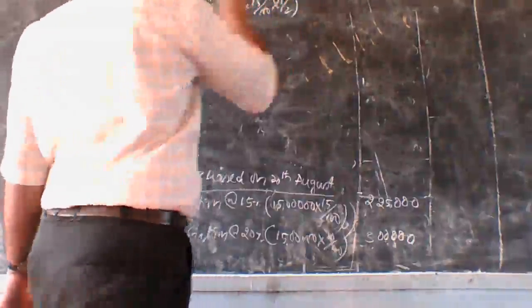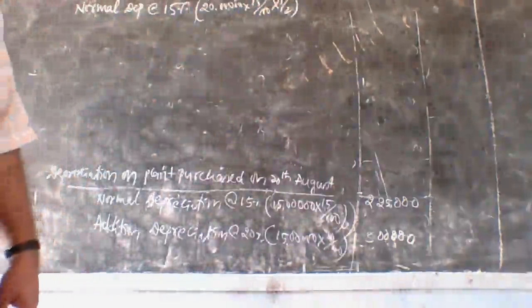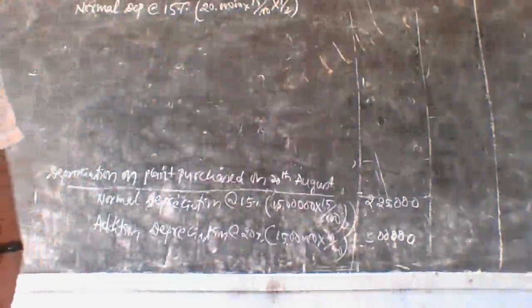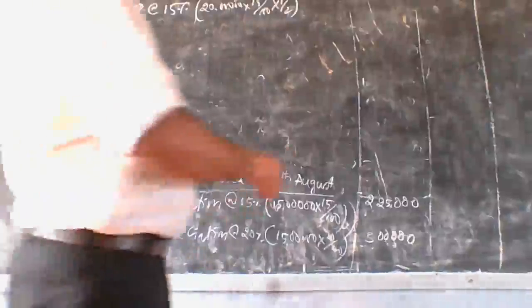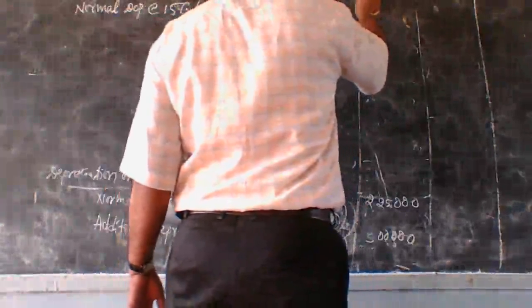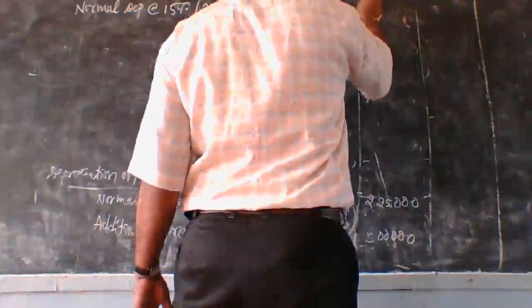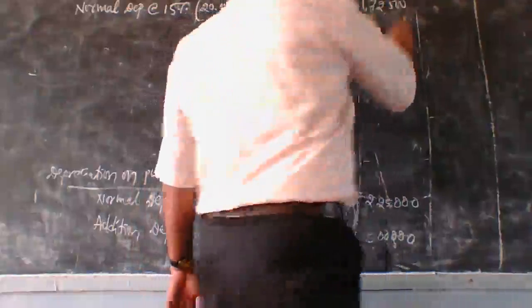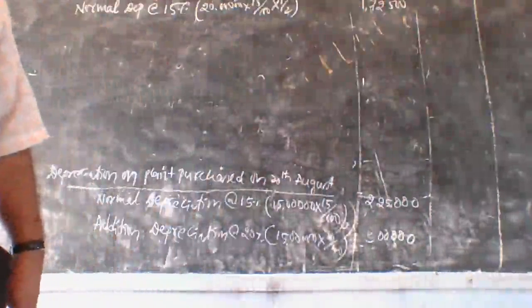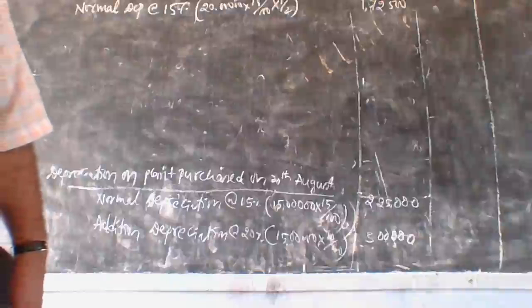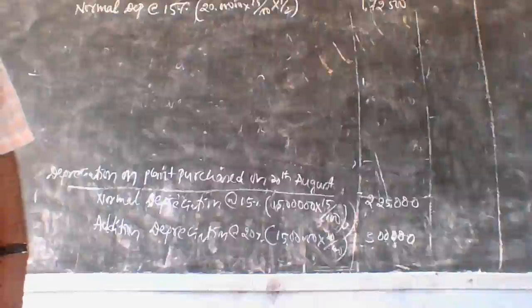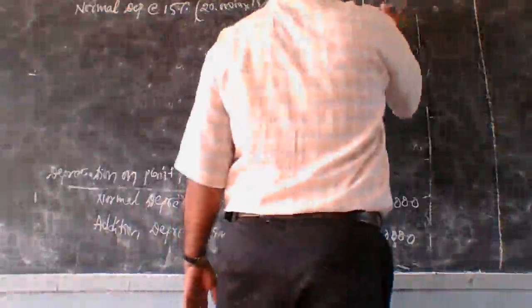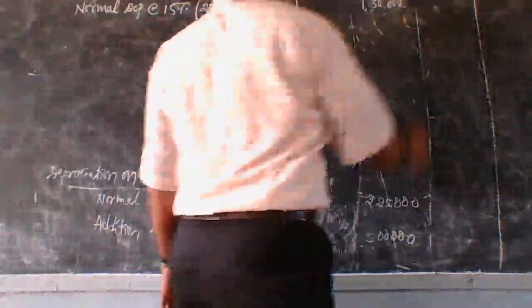Very clear, half of the year. How much? 1,50,000.